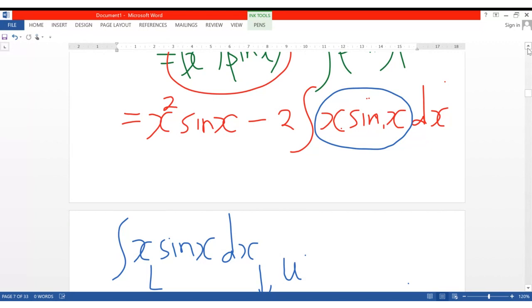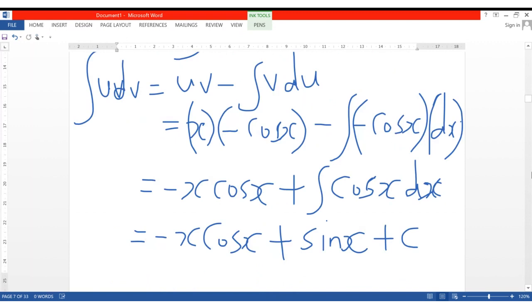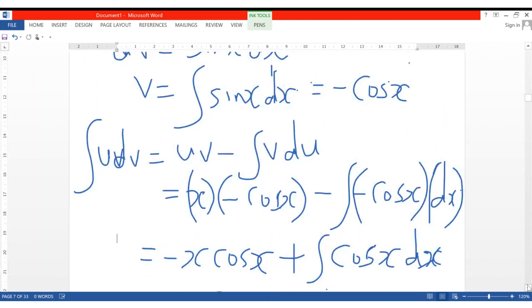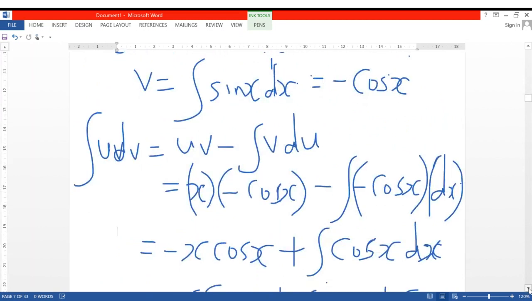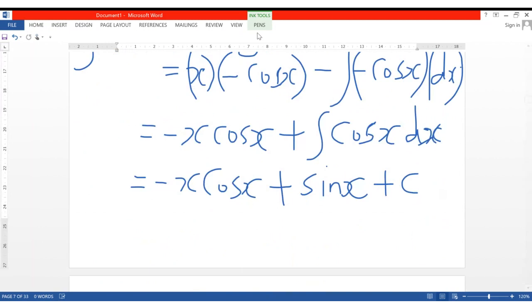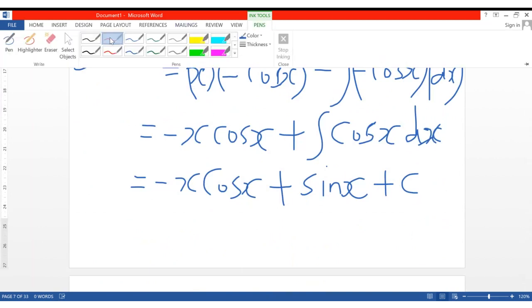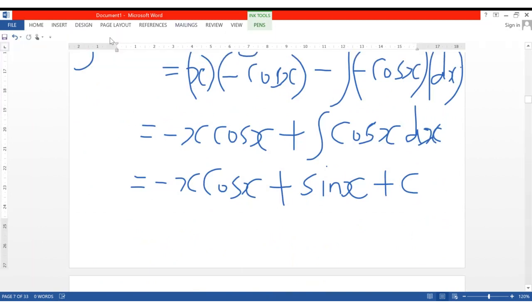So this one is the integration of x sin x dx.